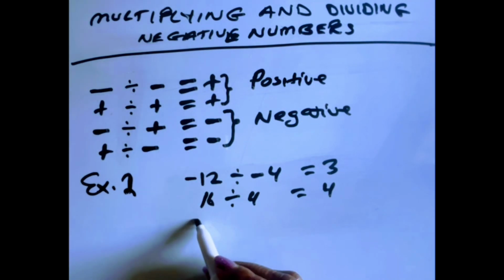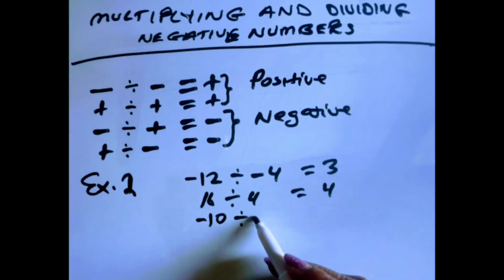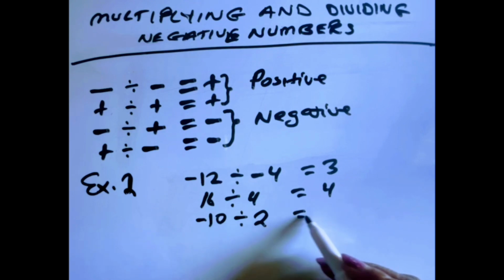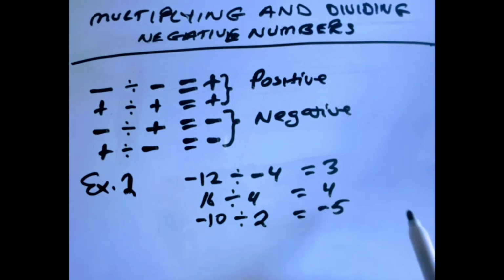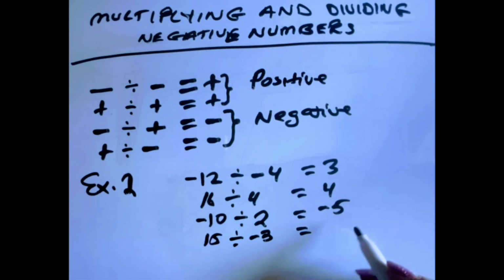And also if you have a -10 divided by 2, we will end up with a -5 because two opposites will give you a negative, and here's a negative and a positive. And if we have 15 divided by -3, you will end up with a -5.